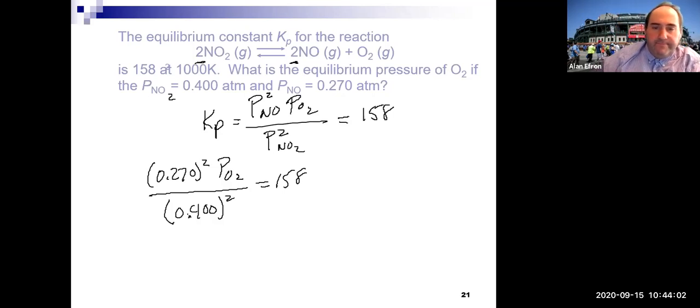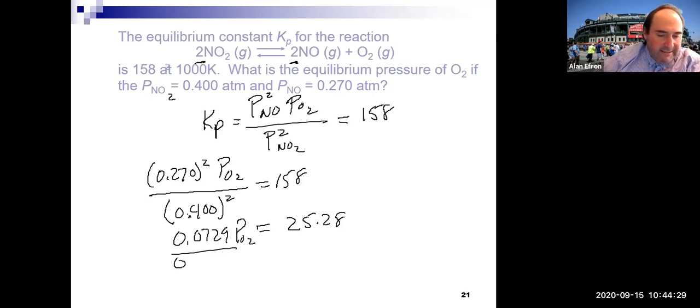So what we'll end up with is 0.4 squared times 158 gets us 25.28, and that equals 0.27 squared, that's going to be 0.0729 partial pressure of O2. I'm going to divide that to the other side. That is this, by the way.